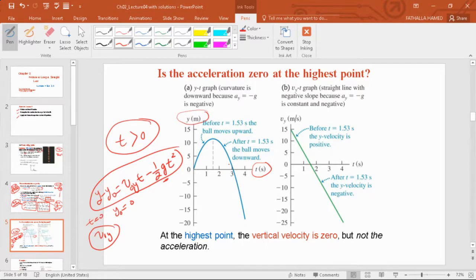Now, in this situation that we have here, the maximum height was achieved at t equal to 1.53 seconds, and you get a parabola like this.